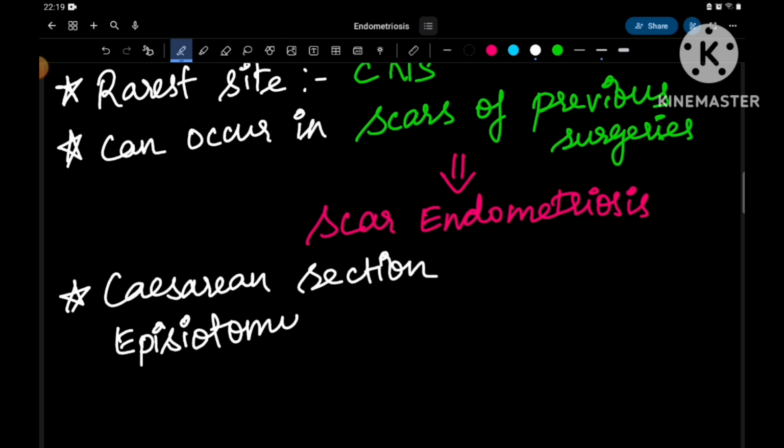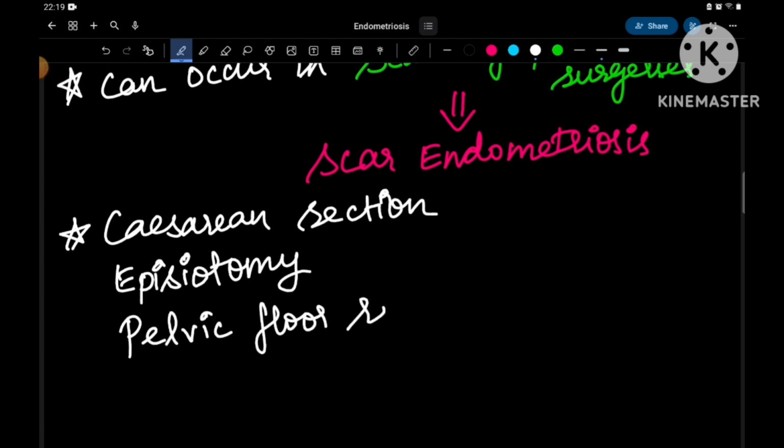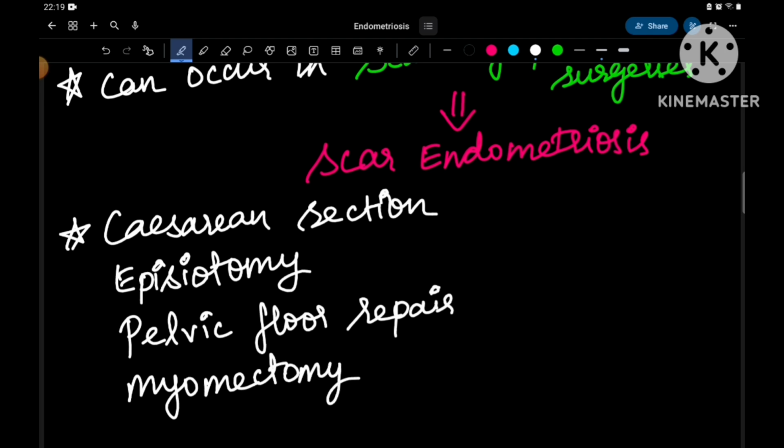Even in episiotomy it can occur, guys. Next is pelvic floor repair and myomectomy. Okay, cesarean section, episiotomy, pelvic floor repair and myomectomy.